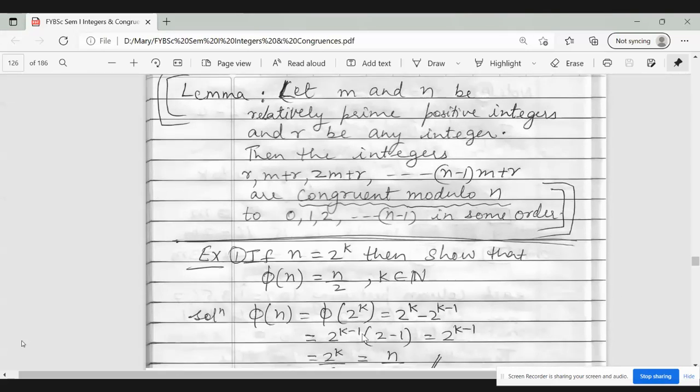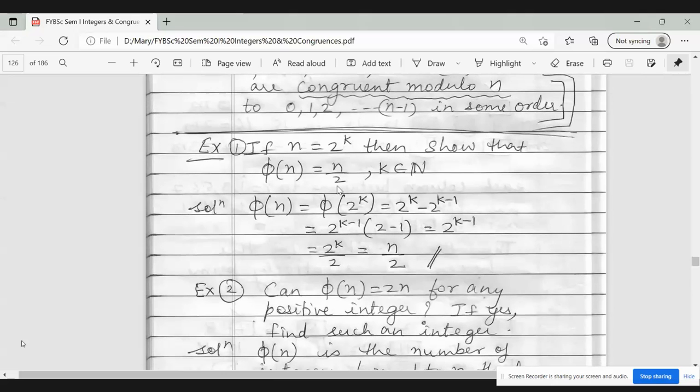See here. When our number is 2 raised to k, then phi of n is n by 2. How do you prove it? It's simple. N is 2 raised to k, so phi of 2 raised to k will be equal to 2 raised to k minus 2 raised to k minus 1. Now you take 2 raised to k minus 1 common.